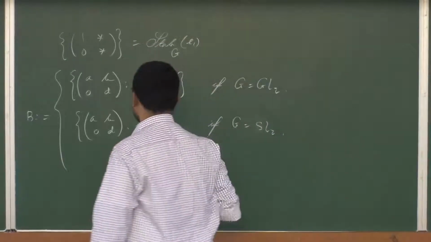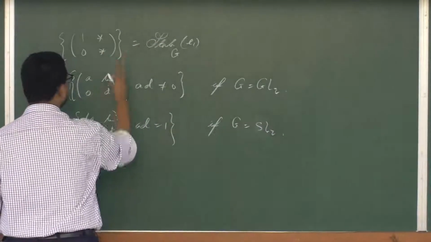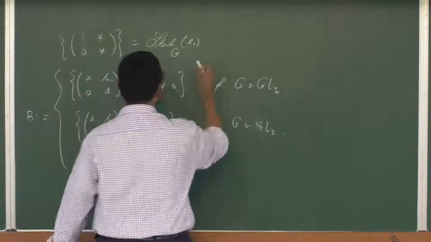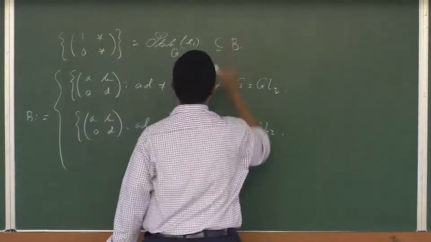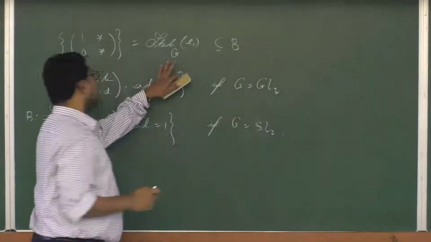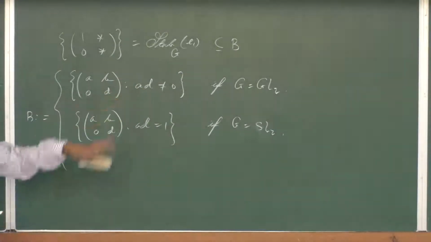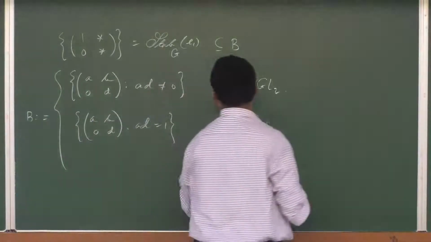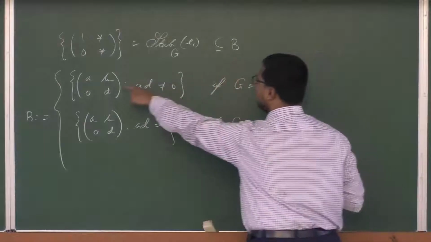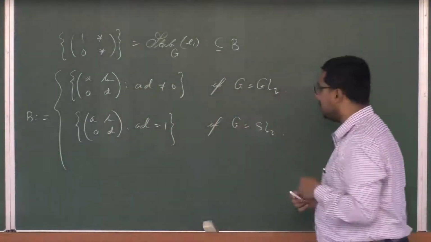It's easy to see that this stabilizer is contained inside B. So for both G equal to GL_2 or SL_2, in either case the stabilizer is easily seen to be contained inside B.